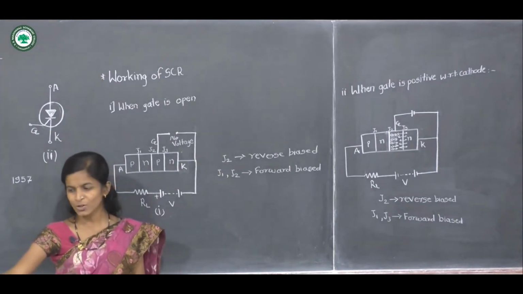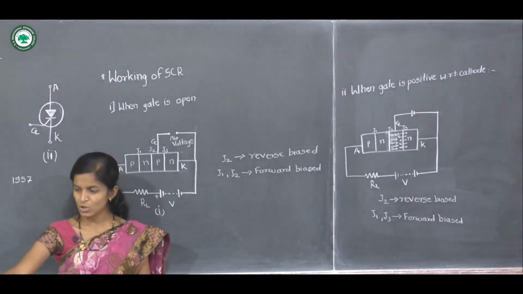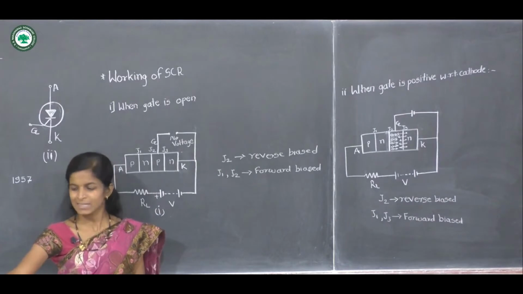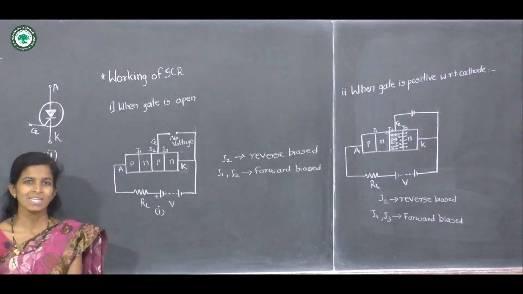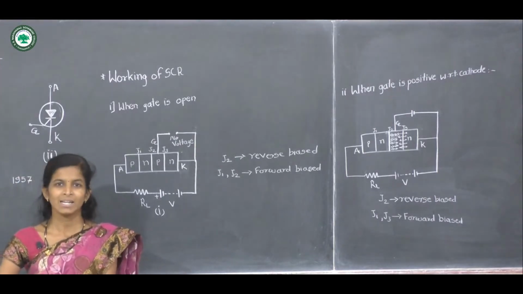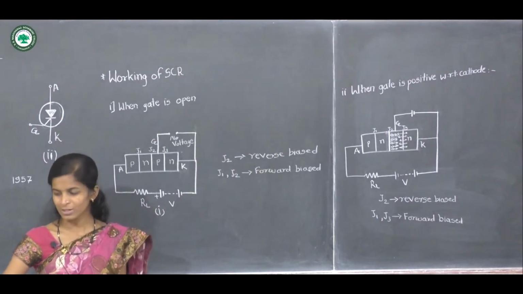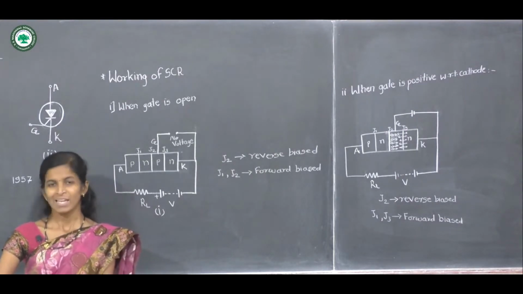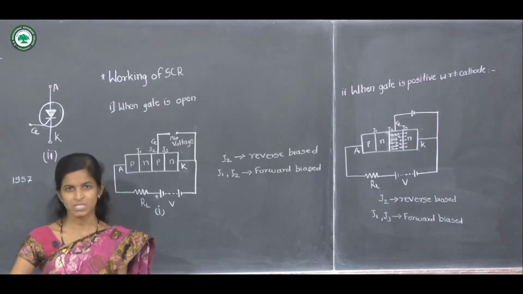A silicon controlled rectifier has two states, that is, either it does not conduct or it conducts heavily. So there is no state in between the on state and off state, or between the conducting and non-conducting state. Therefore, a silicon controlled rectifier behaves as a switch.